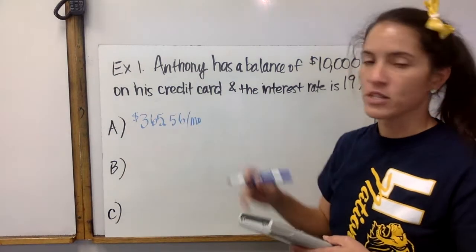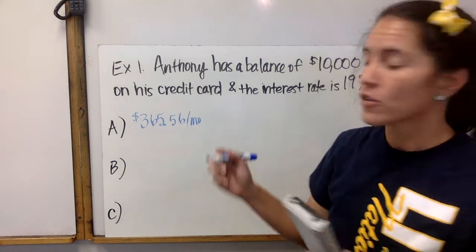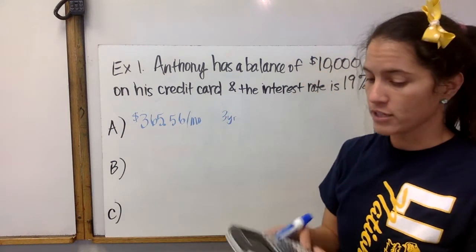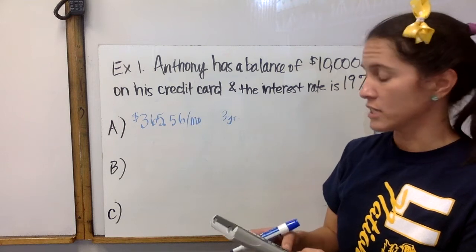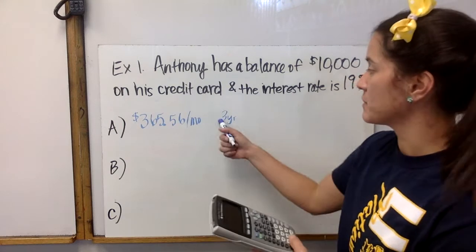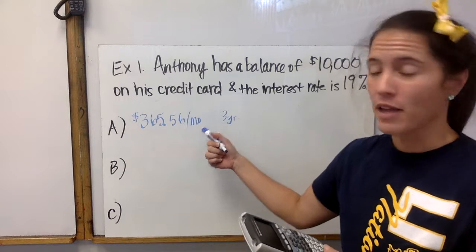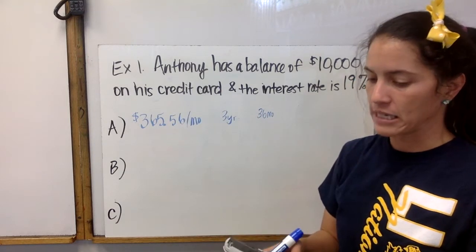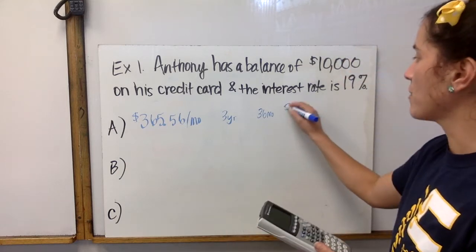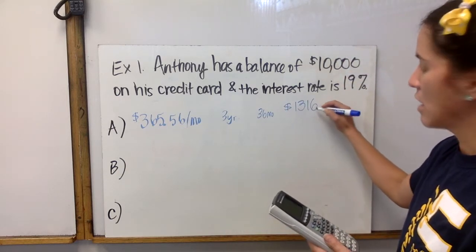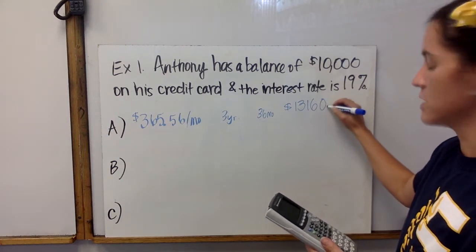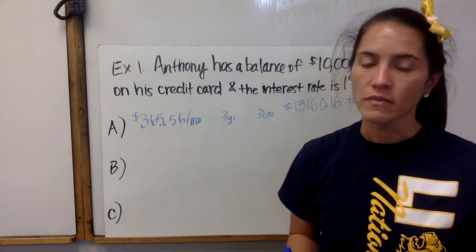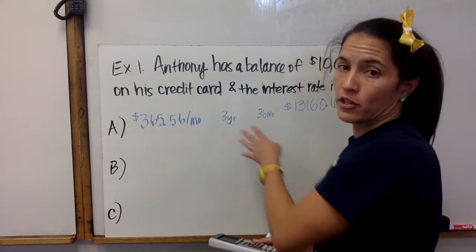If this is how much he pays per month, and we're talking about 3 years, then take your calculator and multiply $365.56 times 36 months. It looks like he's going to pay back a total of $13,160.16, because he's paying this per month for 36 months.